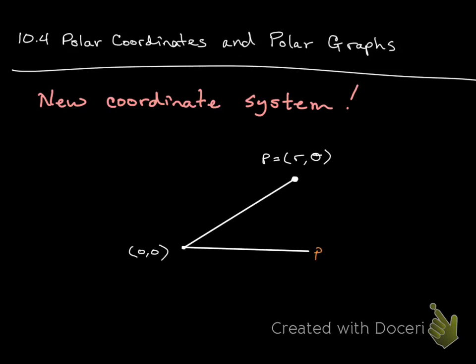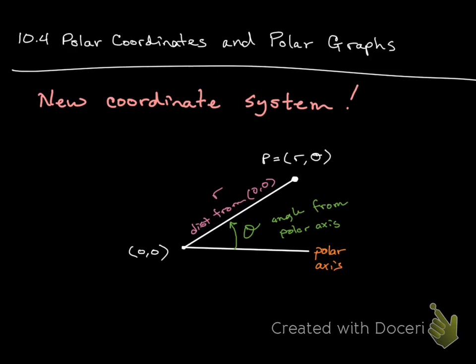There's my origin, and my polar axis is what we think about as really the positive x-axis. r is described as the distance from (0, 0), the distance from the origin, r. And that green arrow there represents my theta. Theta is the angle from the polar axis.